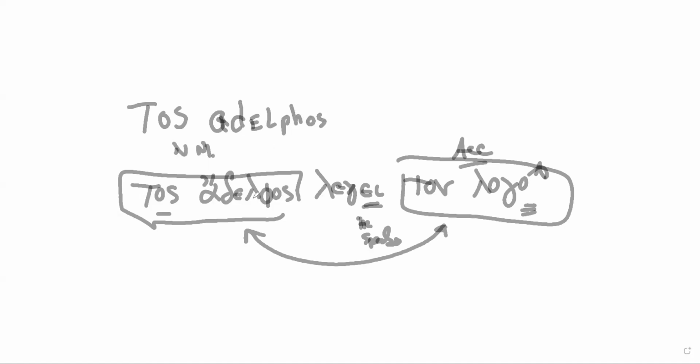The PH is this phi here. Lege would be LEGEI. And then ton would be TON. Not Tom, but ton, that's an N. And logon would be, and that should be a nu there. Should be LOGON. See, it's not logos, it's logon because it's the direct object of the sentence.